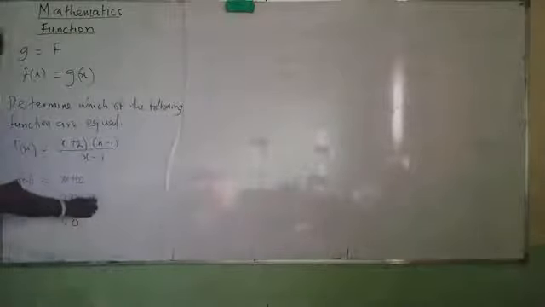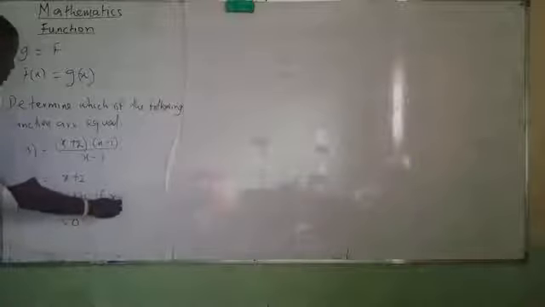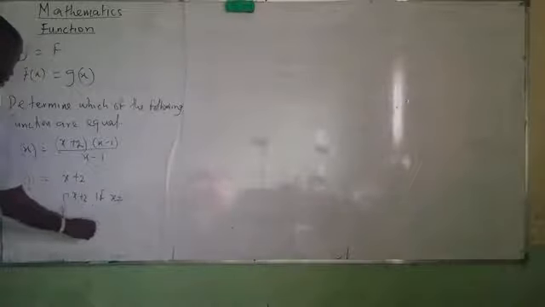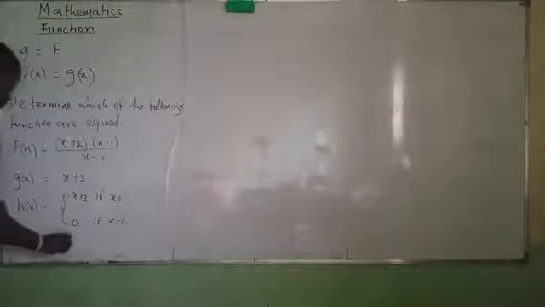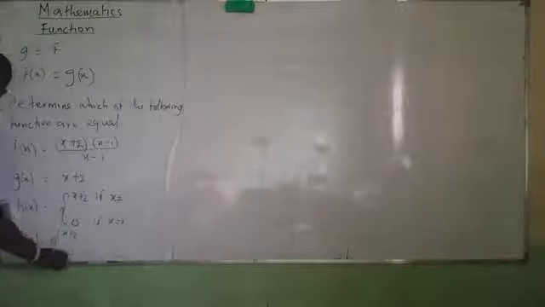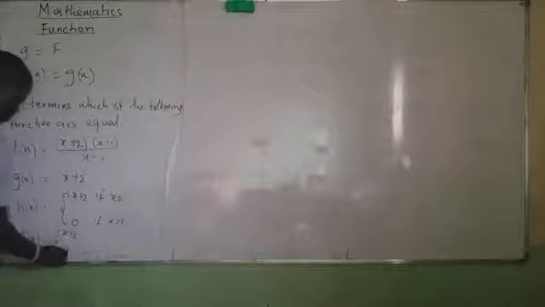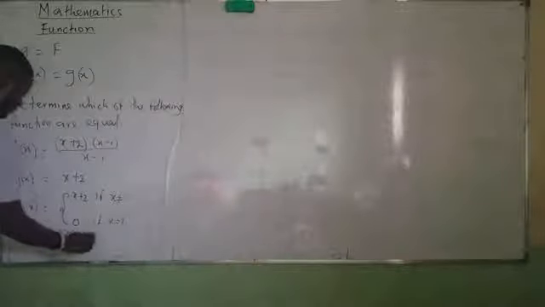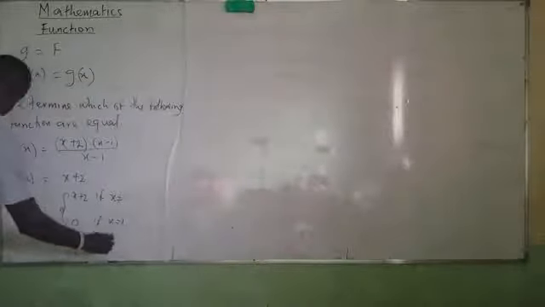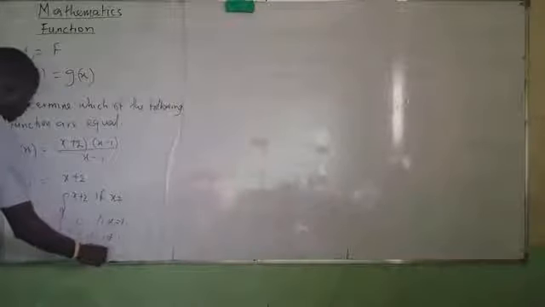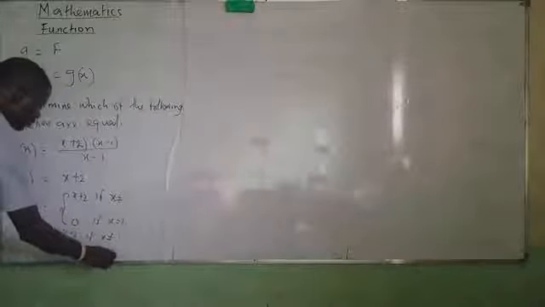Here, it is if x is not equal to 1, and 0 if x equals 1. And we have k of x: x plus 2, and also 3, where the x plus 2 is if x is not equal to 1, and 3 if x equals 1.